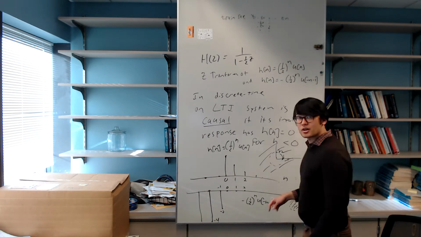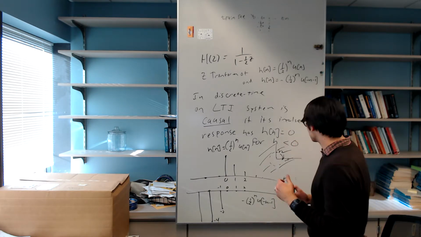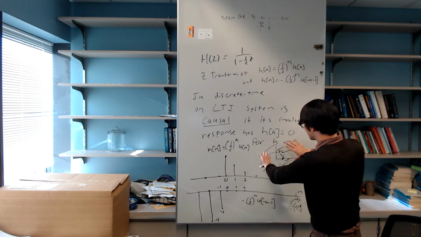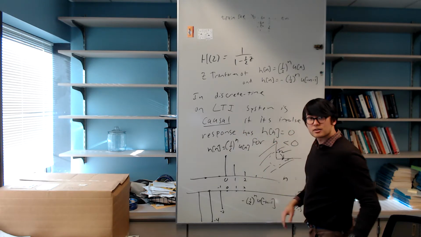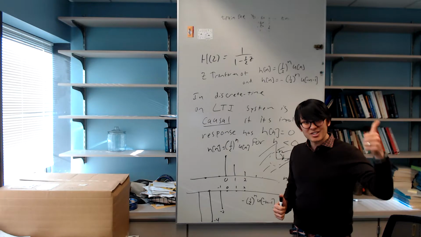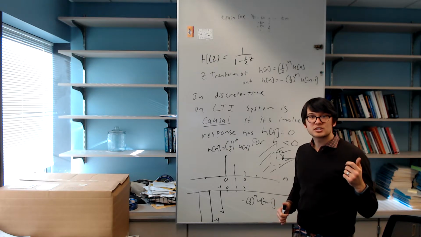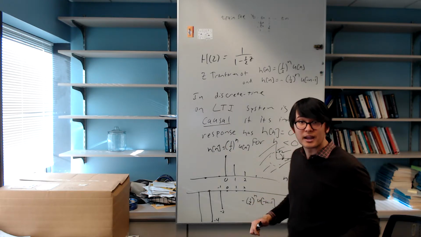Corresponding to that, whenever we draw out these z-transforms, everything outside of some ring is part of the region of convergence. So that's the key feature here: for causal systems, the region of convergence corresponds to everything outside of some ring.